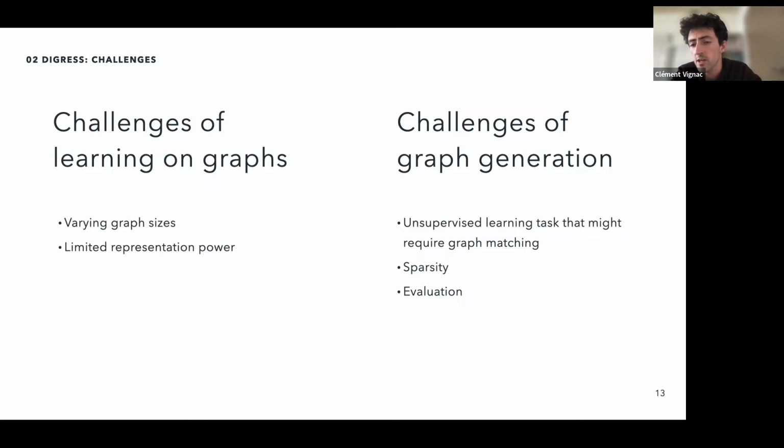Depending on the architecture that you choose, you might have to do graph matching, which is very problematic because it's costly and we have only approximate algorithms. You want to generate graphs that are usually sparse, and when you generate something, evaluation can be tricky. So we'll see that for graphs, we have quite a lot of tools, but these are the big challenges in general that we want to solve.